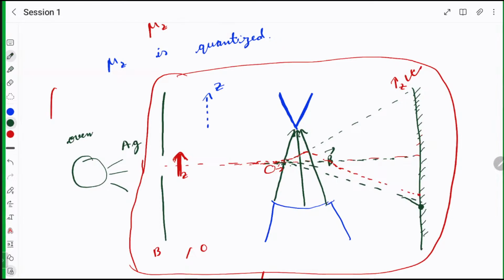Now, if it flipped in between, then the force starts acting here and the trajectory would be different, and it would hit some other spot. Isn't that right? Because the force in the negative z direction starts acting at this point and not at this point. Is that clear?